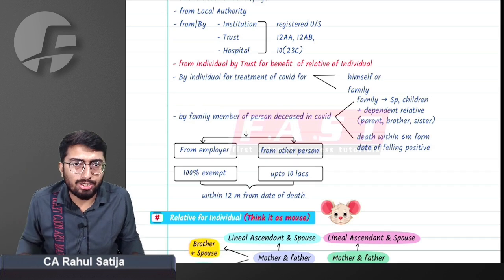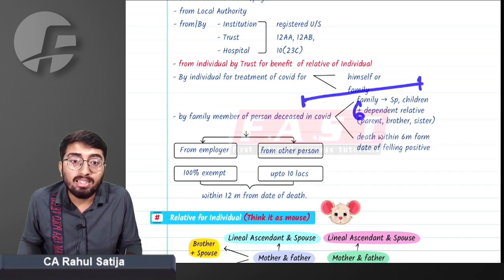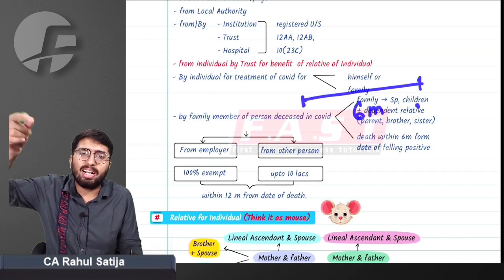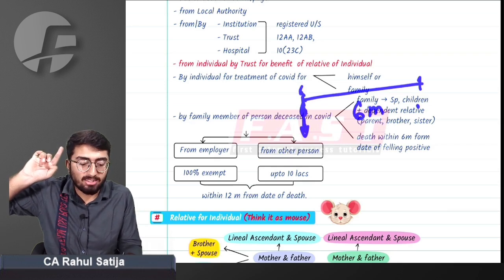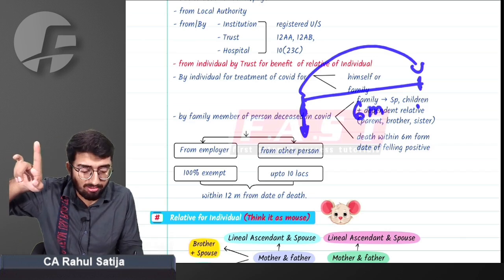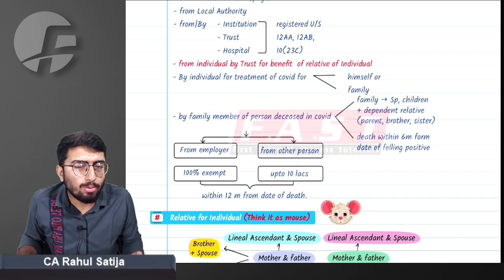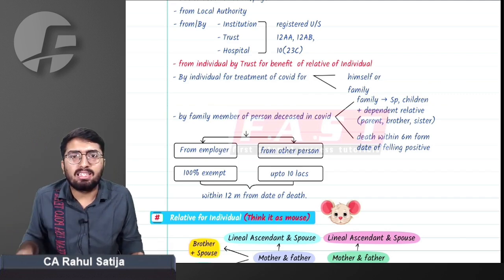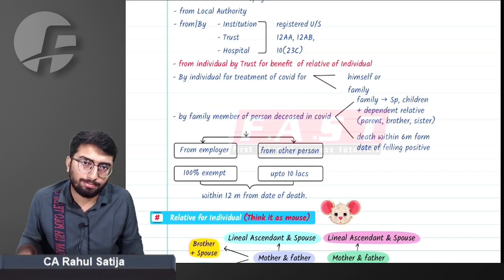Two most important conditions, sir. Death must have occurred within 6 months from getting COVID-19 positive. If a person is tested COVID positive on a date, death must have occurred within 6 months, and ex gratia must have been received within 12 months from the date of the death. These two conditions must be always complied while receiving any ex gratia on account of death of COVID deceased person.